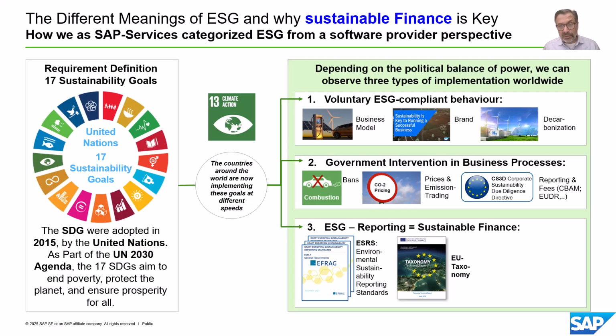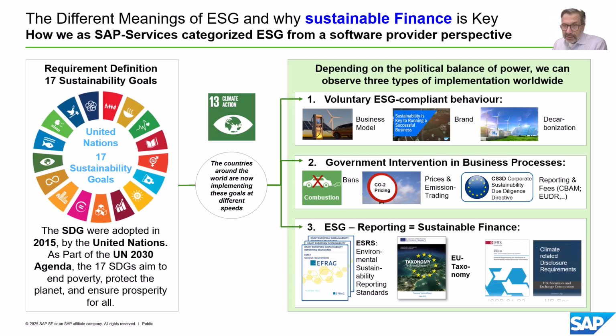And the second topic in Europe that you have to follow is the EU taxonomy. Both requirements are part of legally required ESG reporting, which is in other words sustainable finance. But also other parts of the world adopted disclosure requirements with regard to sustainability.